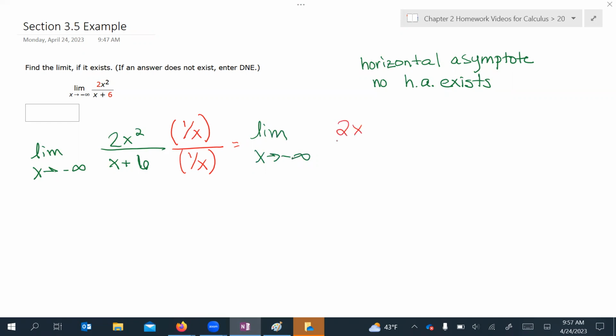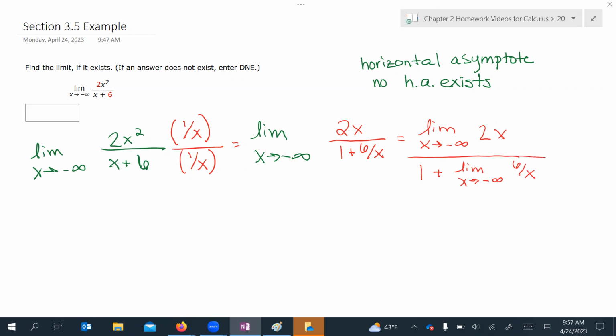We get 2x over 1 plus 6 over x. This is going to equal the limit as x goes towards -infinity of 2x over 1 plus the limit as x goes to -infinity of 6 over x.